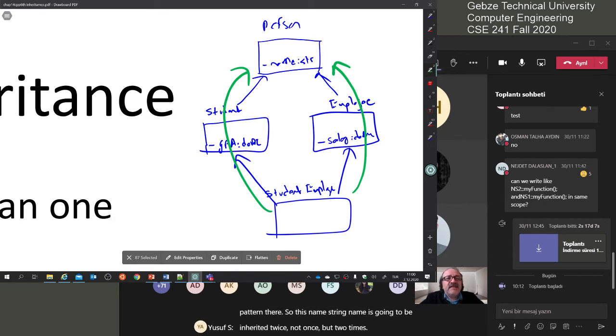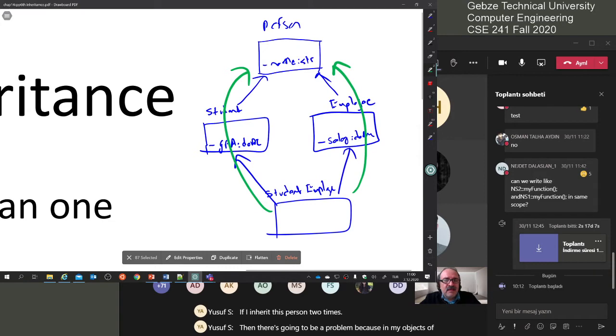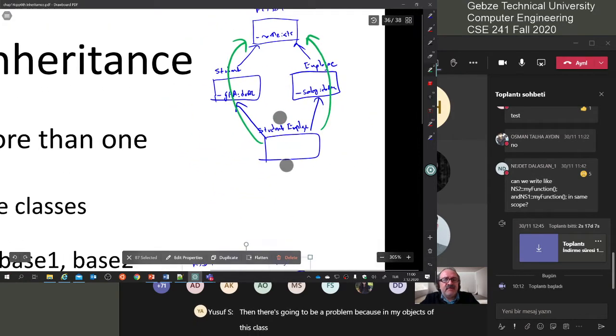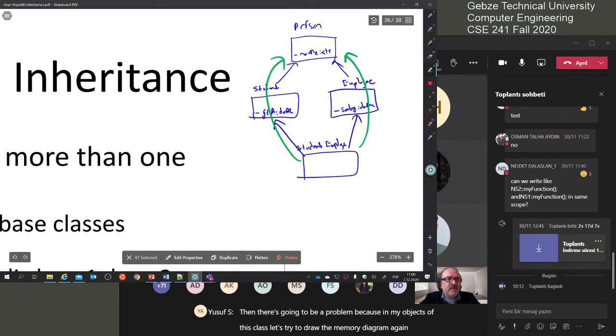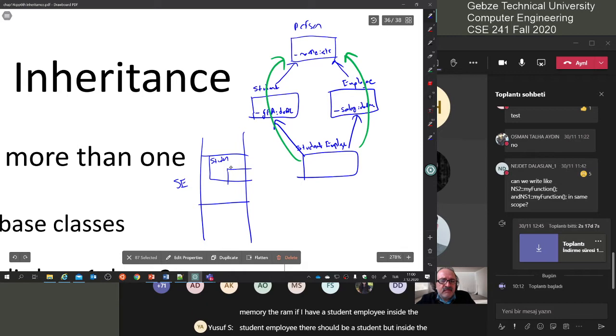If I inherit this person 2 times, then that's going to be a problem, because in the objects of this class, let's try to draw the memory diagram again. If I have a student employee, inside the student employee there should be a student, but inside the student there is a person, right?